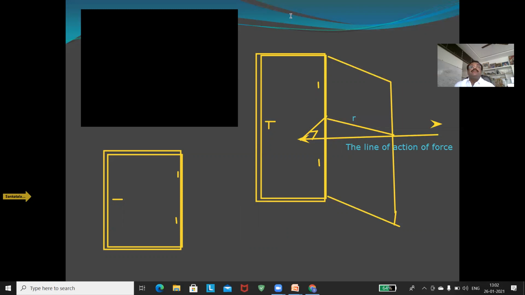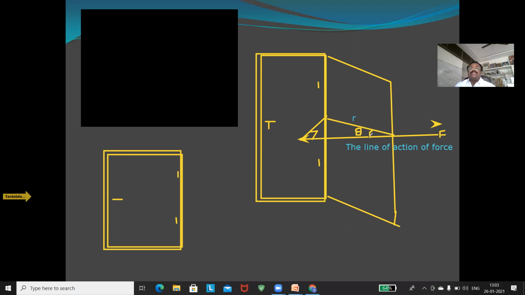Here the angle, if you take, so this is the force, the line of force. In this case, we are applying the force here. This force acts at another point. So we take the distance between these 2 points. The distance between these 2 points is called the perpendicular distance.